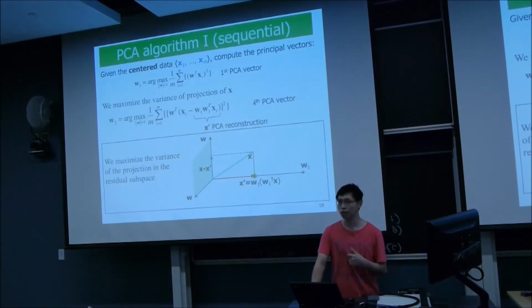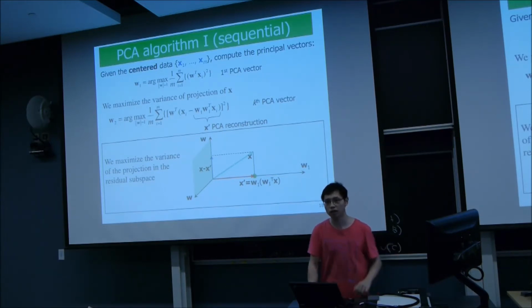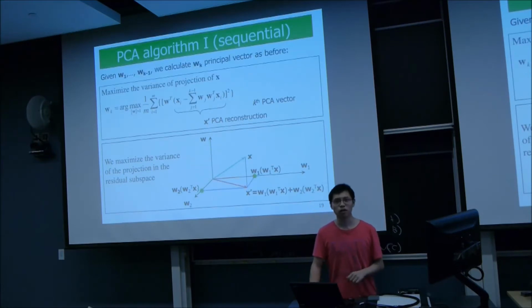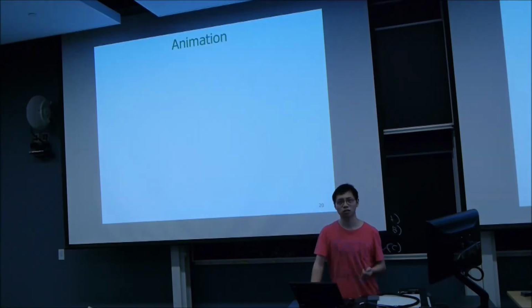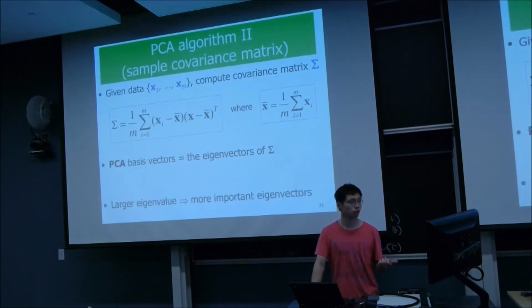Actually, the algorithm is quite simple. You first compute the maximum variance principal component, subtract that component, and then find the next one. It has a very nice closed form solution: compute the eigen decomposition of the covariance matrix.